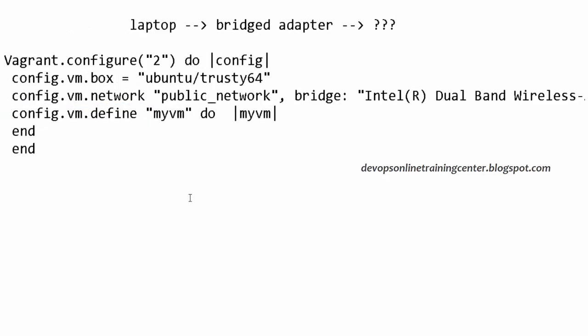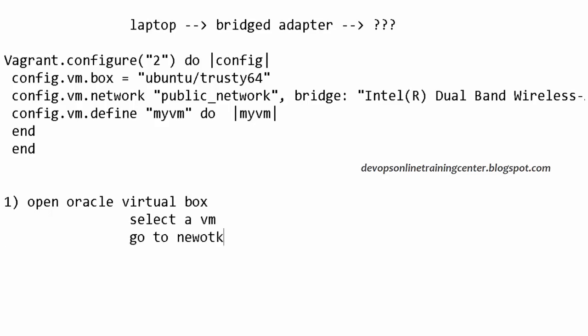There are two ways. One way is to open Oracle VirtualBox, select a VM, then go to network settings and select the bridged interface, so that you can copy it to your Vagrant file.